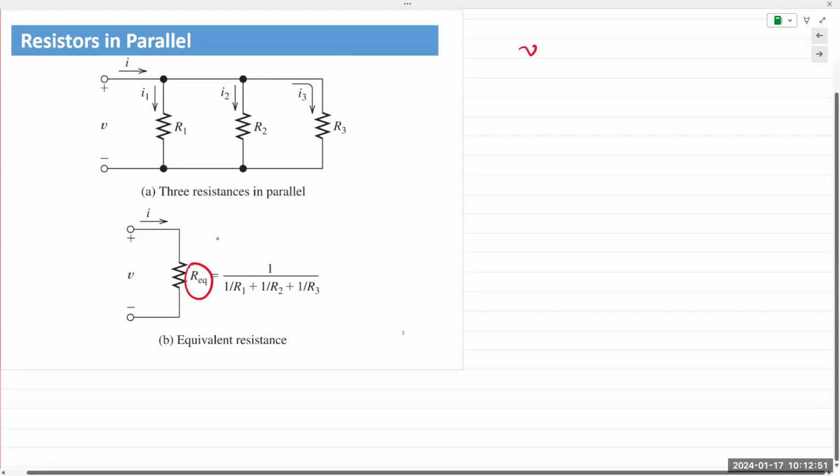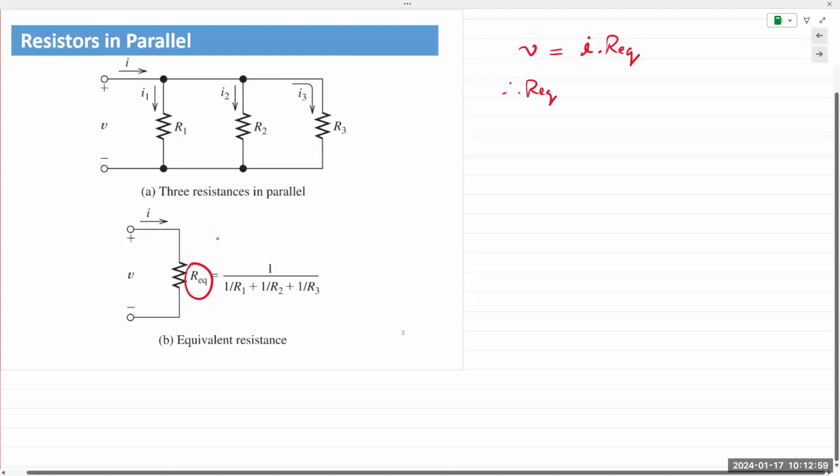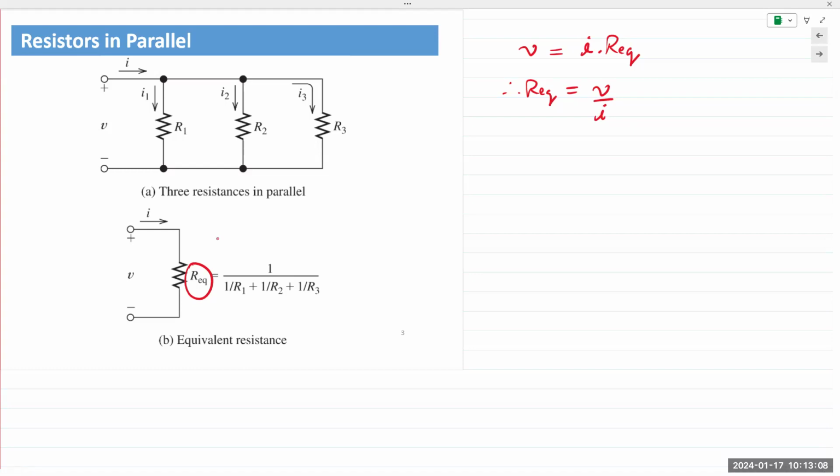Req from Ohm's law, I can write as V over I. Again, you don't need to write this down. This is just for explanation purposes.